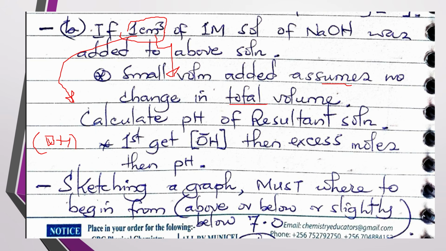And I've told you that we only examine such volumes when testing a student's knowledge about buffer solutions. So when you approach such questions, make sure that you have a good explanation about buffer solutions, both acidic buffers and basic buffers, how each of them is brought about and how each of them performs when exposed to small amounts of an acid or a base.